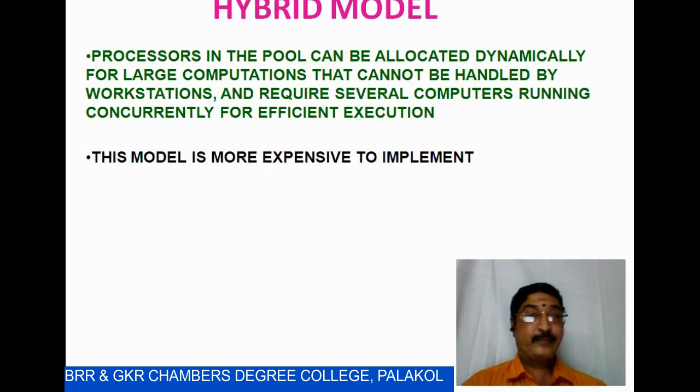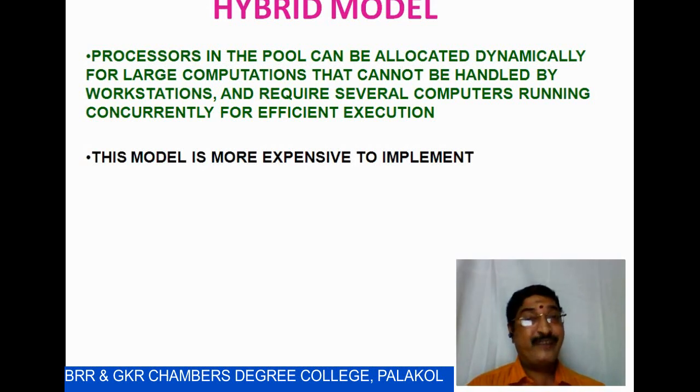Let us see. Processors in the pool can be allocated dynamically for large computations that cannot be handled by a workstation. So, if you use this hybrid model, processors in the pool, that means processors in the group, will be allocated dynamically. Dynamically means automatically, without user interaction, with the help of some algorithms.